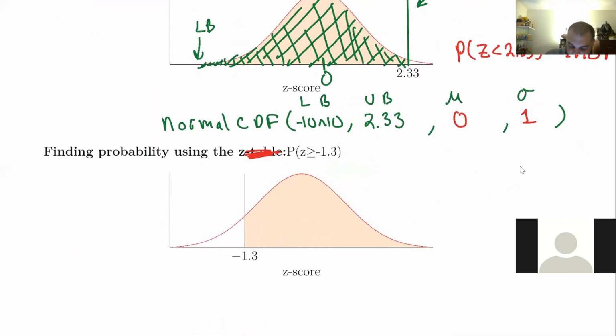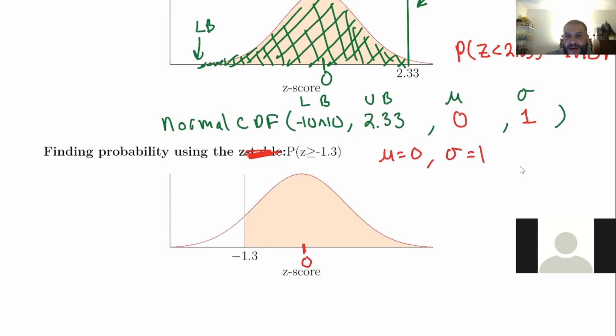So if you remember, the middle is always 0. Because anytime we have the Z value, mu is automatically 0, sigma is automatically equal to 1. Cool.